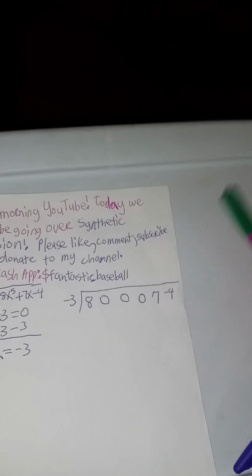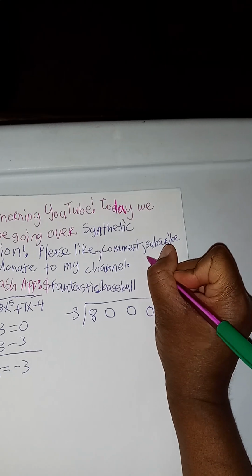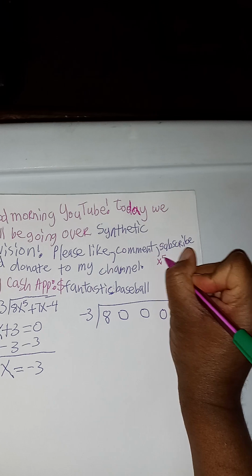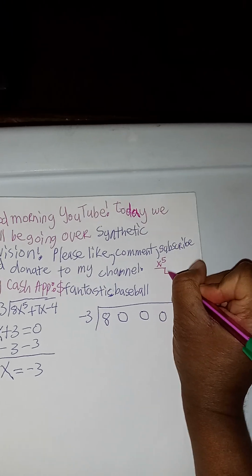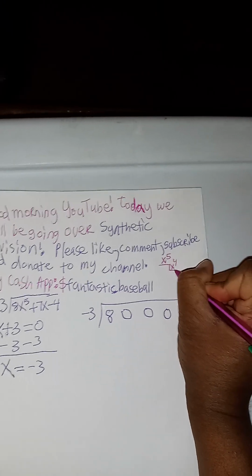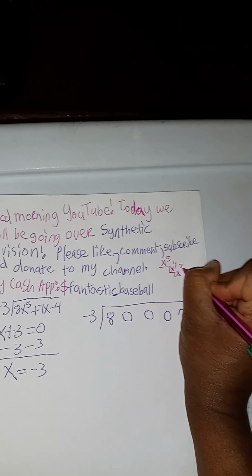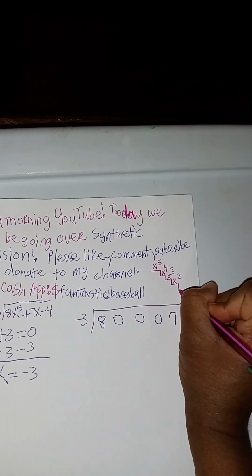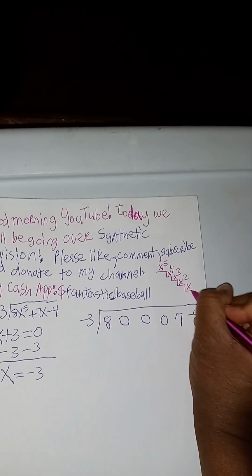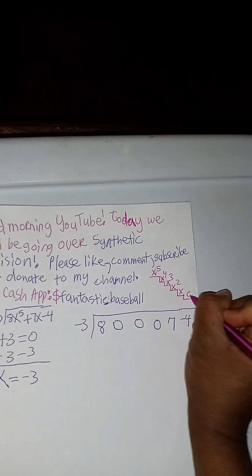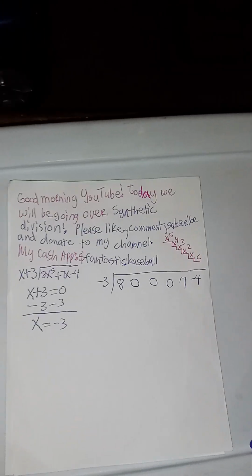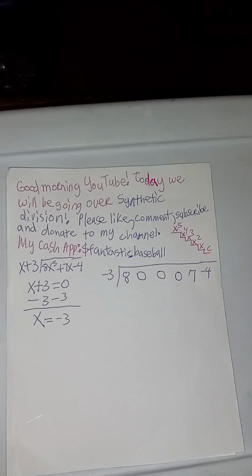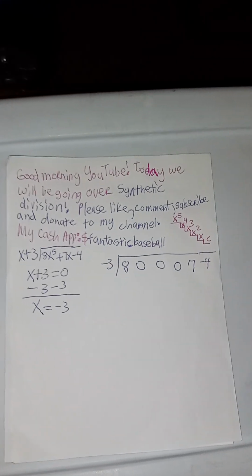As we said earlier, we want to use step-down notation: x to the fifth, x to the fourth, x to the third, x squared, x, and then the constant term. A constant is considered a number without a letter or variable.